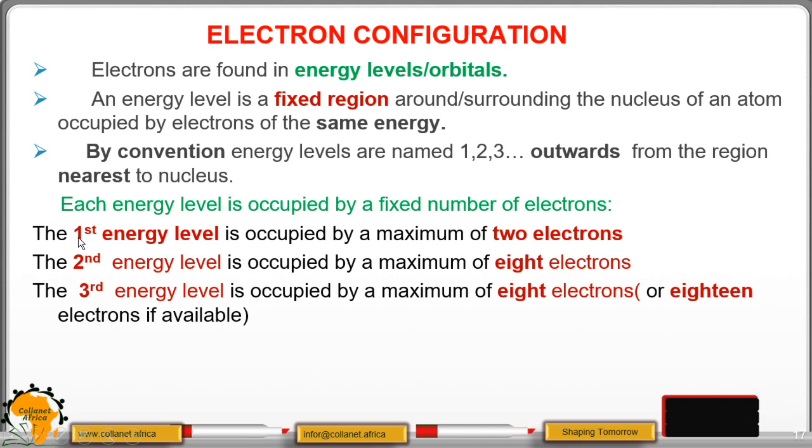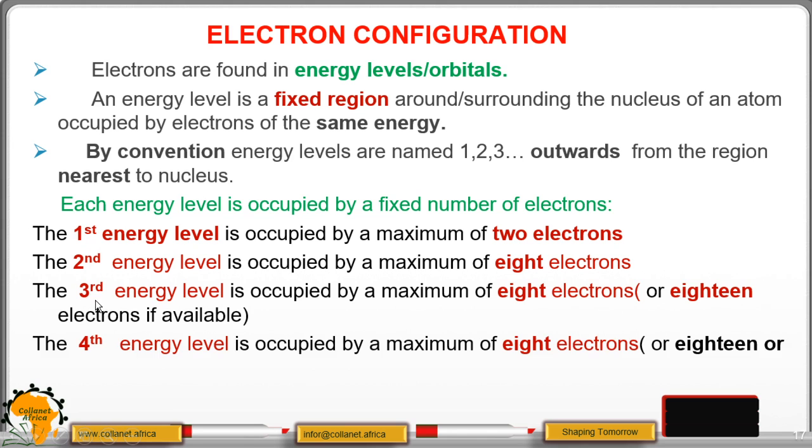So it is good to note that the first energy level is nearer to the nucleus, followed by the second energy level, then the third. Then the fourth energy level is occupied by a maximum of 8 electrons, or 18, or 32 electrons if available.